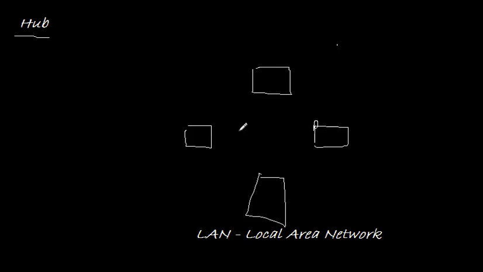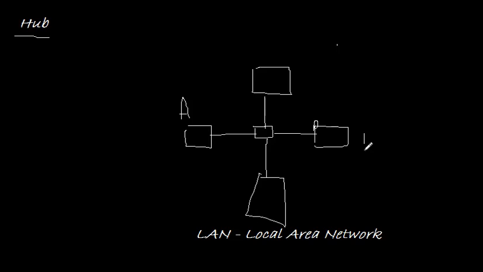So we have a scenario here where we have computer A, computer B, and we have computer C. We also have computer D. You see? And there's a hub in between here, connecting all those computers together like this. So computer A generates a message for computer D, for example.